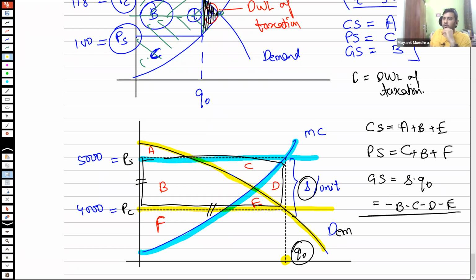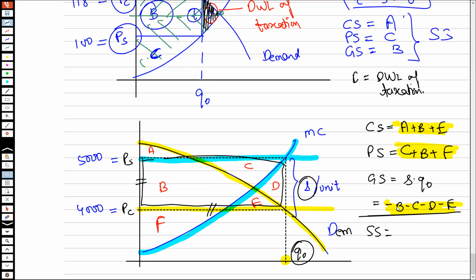Now, consumer surplus, producer surplus, government surplus. So social surplus would be equal to, just add the variables and add, subtract. That's all you have to do.